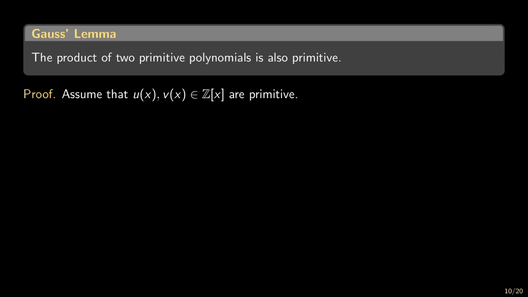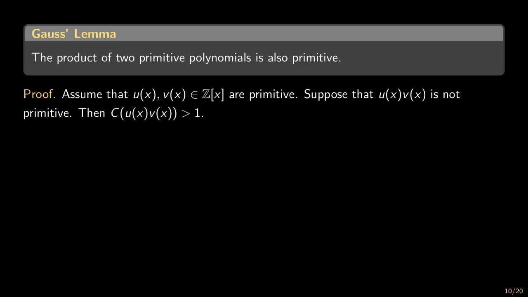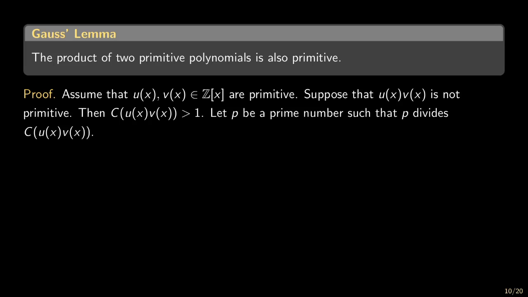So for the proof, assume that u of x, v of x are integer polynomials which are primitive. We argue indirectly and suppose that their product is not primitive. If the product is not primitive, it means that the content is not one, right?